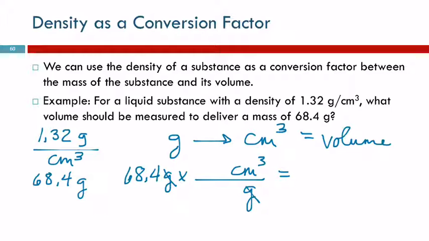With my units in place, now I can go looking for numbers that relate cubic centimeters and grams. Over here, I have 1.32 grams per cubic centimeter. 1.32 is with grams. So I'm going to write the 1.32 in the denominator.